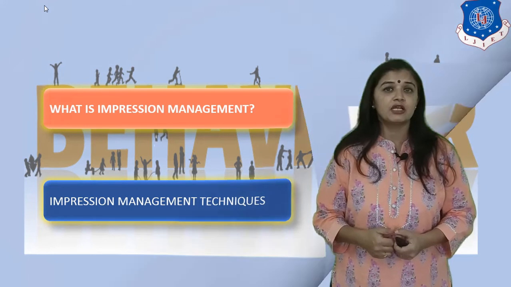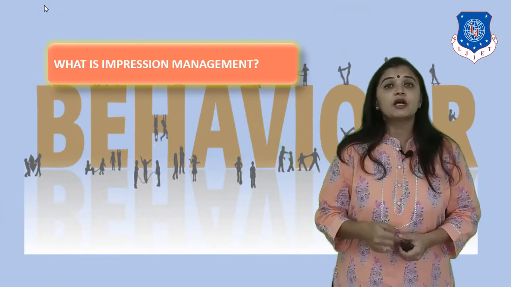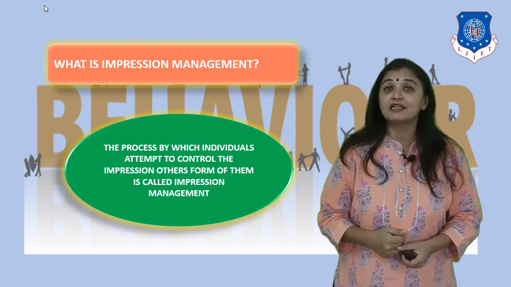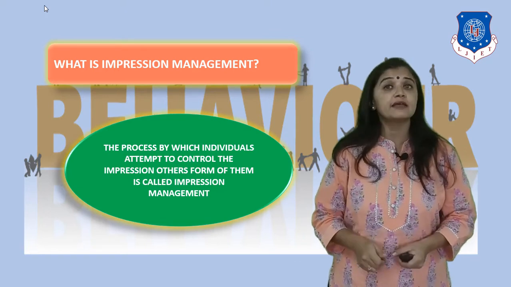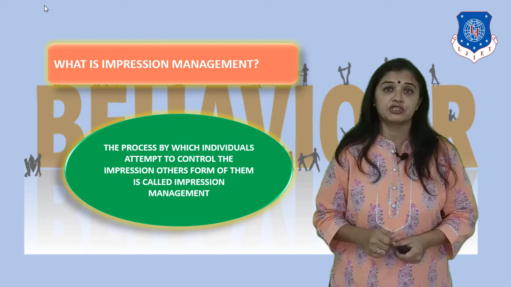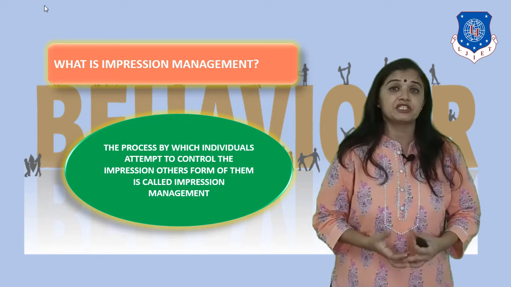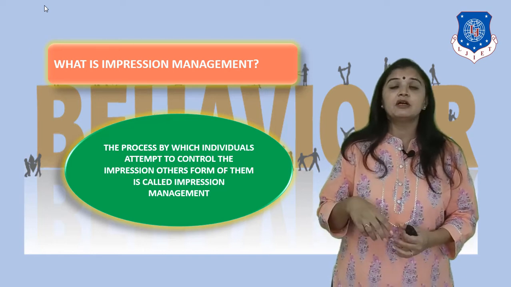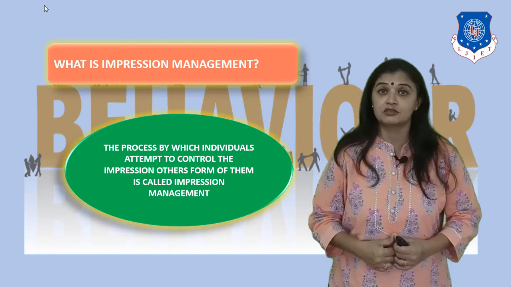So first of all, let us understand impression management. Actually, impression management is the process by which individuals attempt to control the impression others form of them. Through impression management, people want to create a certain kind of impression on others.